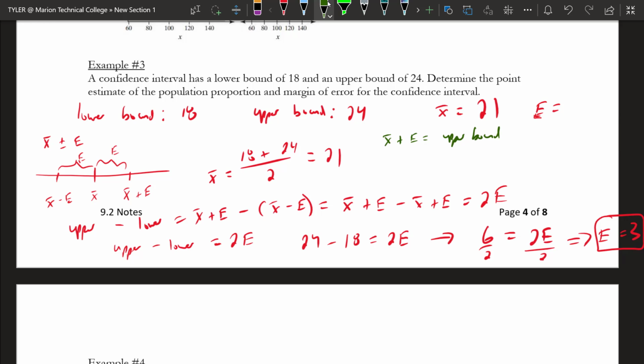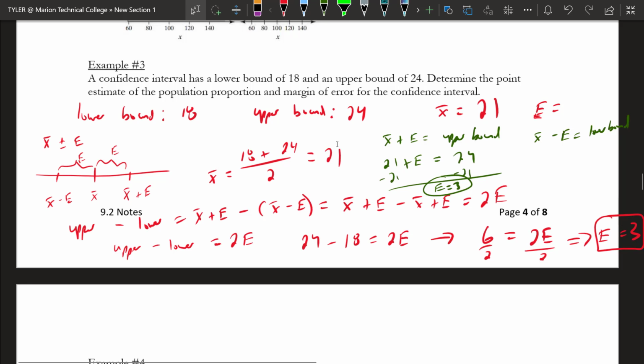Or of course you could do x bar minus e equals the lower bound and solve that. So for example, we could have 21 plus e equals the upper bound of 24. So if I subtract 21 from both sides, you see that we get e equals 3 this way as well.